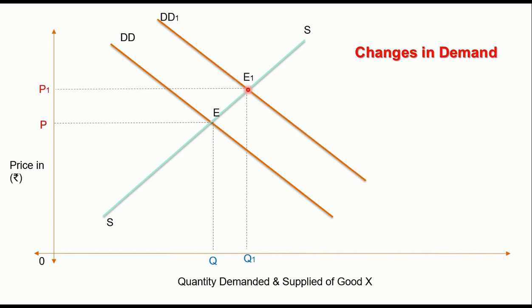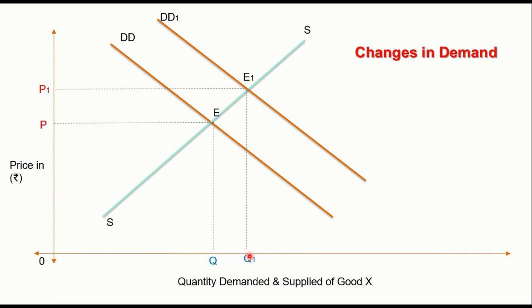When demand increases, the demand curve shifts upward and the new demand curve becomes D1. The new demand curve intersects the original supply curve at a point E1 where the new market equilibrium is achieved, since at the new equilibrium point E1, the quantity demanded is equal to quantity supplied. Therefore, the equilibrium price changes from OP to OP1 and quantity from OQ to OQ1.